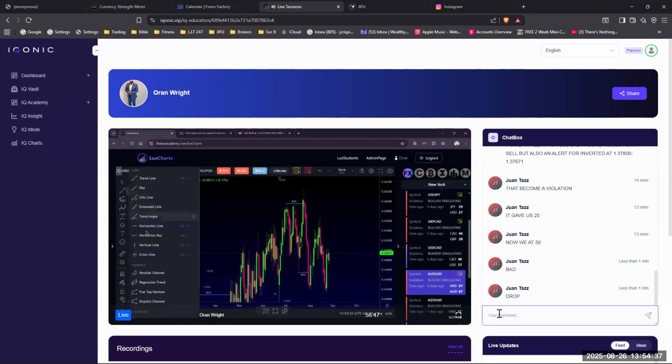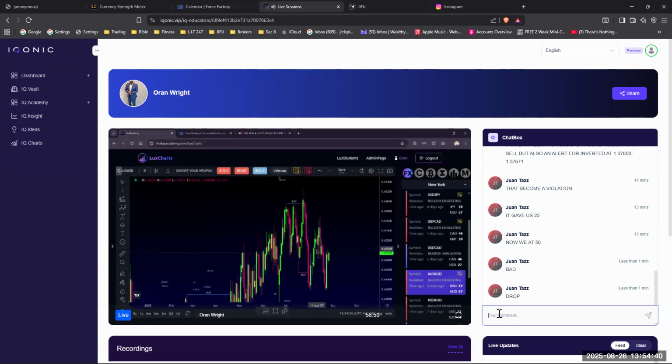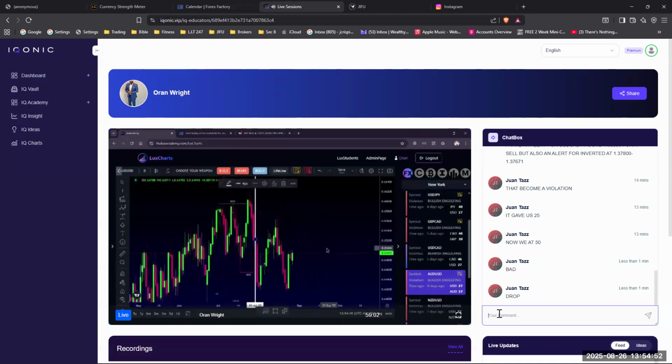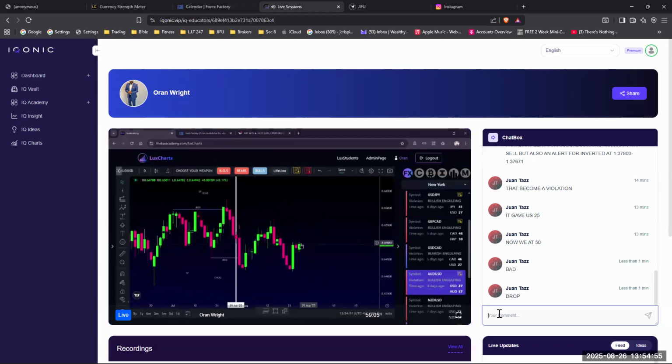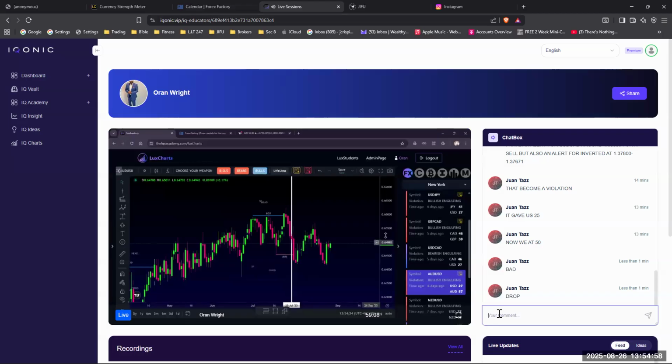The Australian dollar got weak on July 9th. No, 29th. July 29th. Okay? So when we look at the Australian dollar against the US dollar, their overall currency got weak, creating a break of structure here.